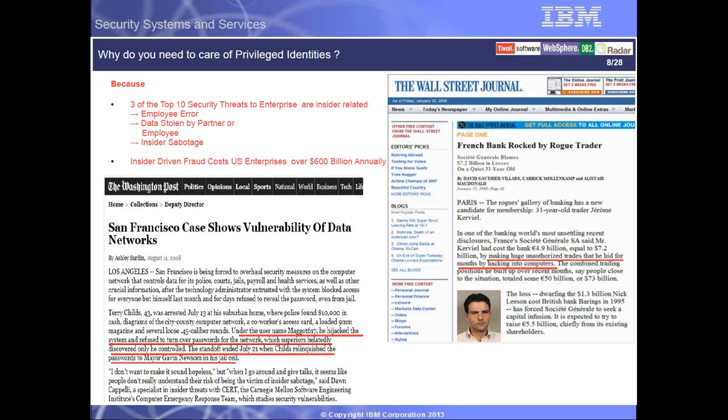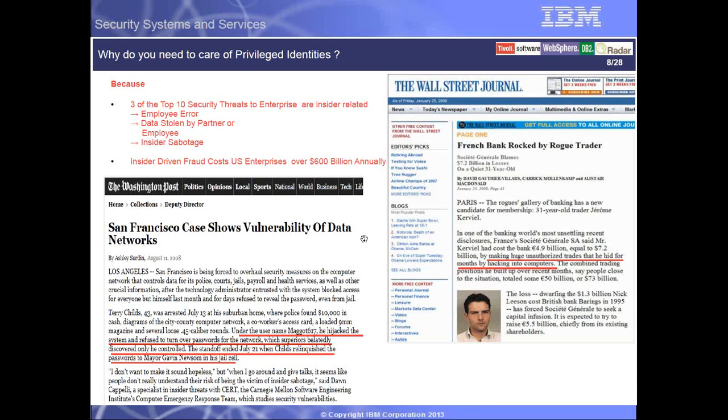You have these news lines which talk about, for example, the San Francisco case. A user, Terry Childs, hijacked the system and refused to turn over the password for the network. So it was around 1 week the servers were totally under control of this hacker, bringing down the impact on the environment, bringing down the business.